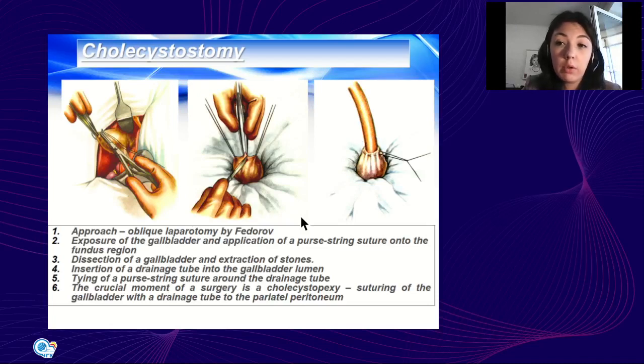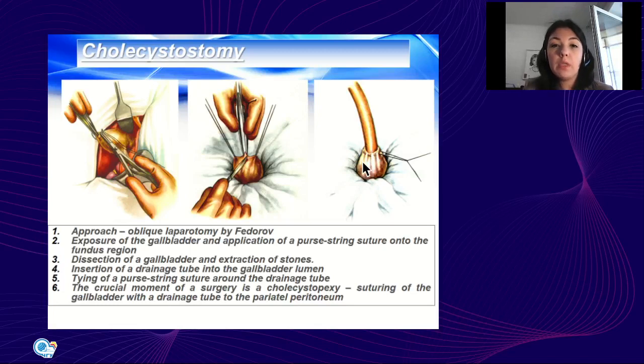The other thing that we have to do, just like in the gastrostomy case, is cholecystopexy. It is suturing of the gallbladder with the drainage tube to the parietal peritoneum. Why do we need it? To prevent leakage of bile between the drainage tube and the wall of the gallbladder.